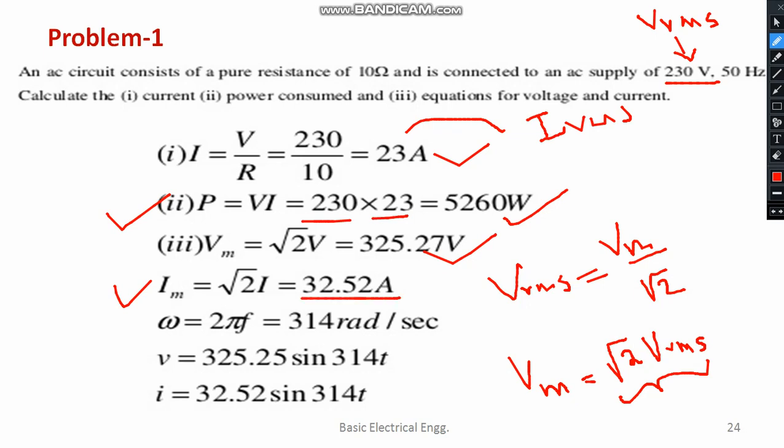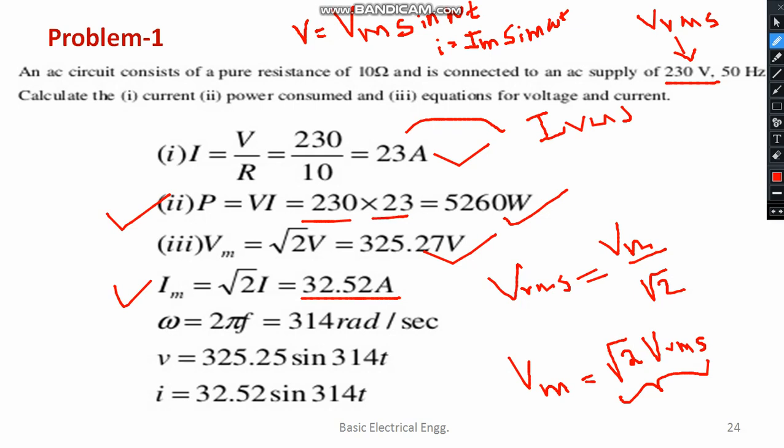One more thing is required: the sinusoidal equation. V is equal to Vm sin omega t, and I is equal to Im sin omega t. Here Vm and Im are the peak values of voltage and current. Now omega is to be calculated.